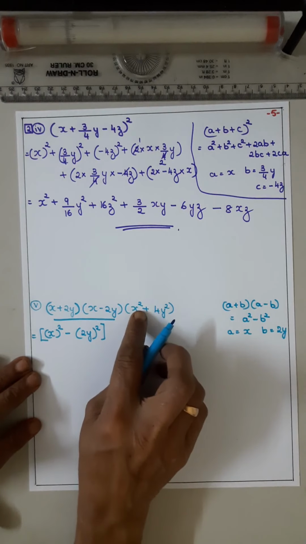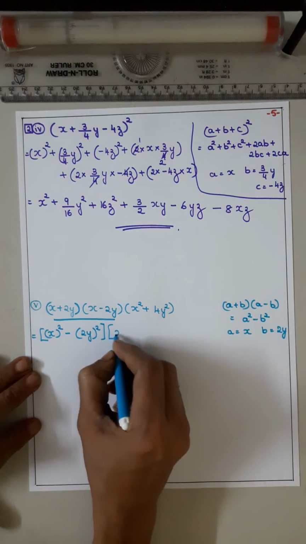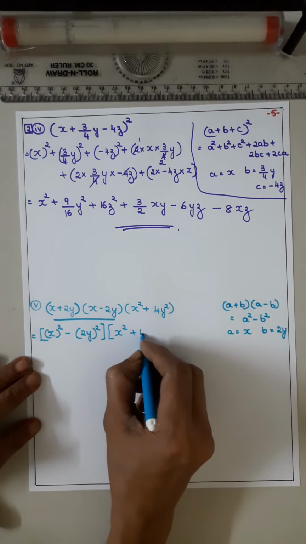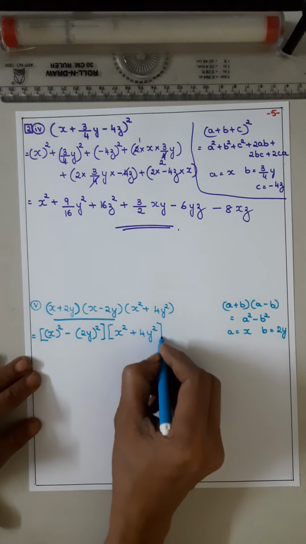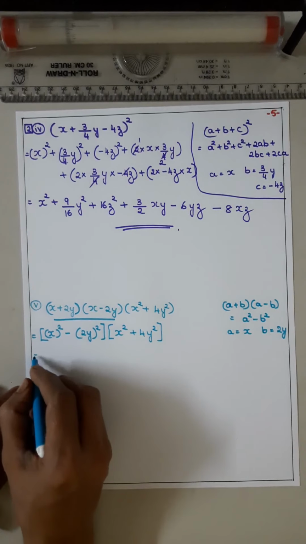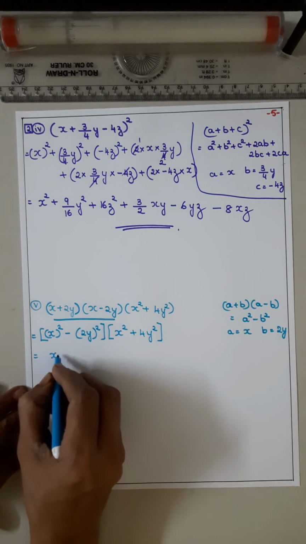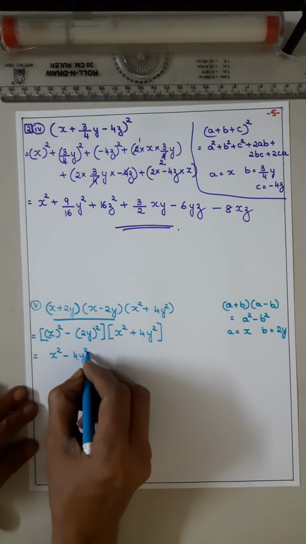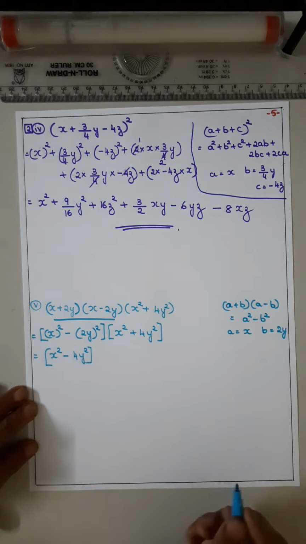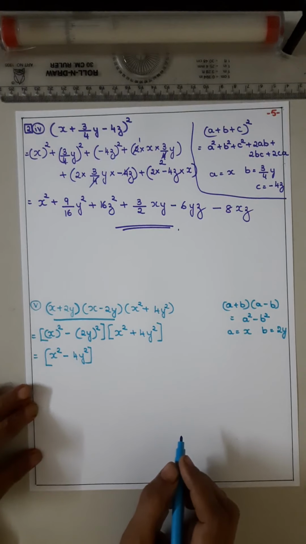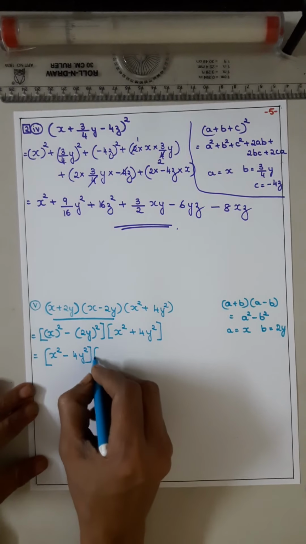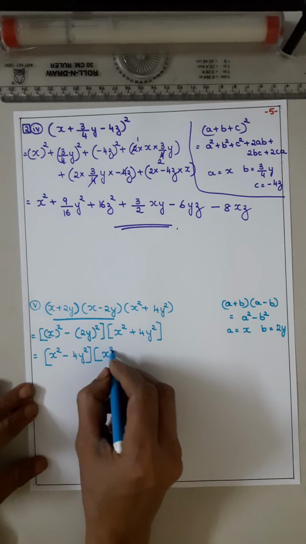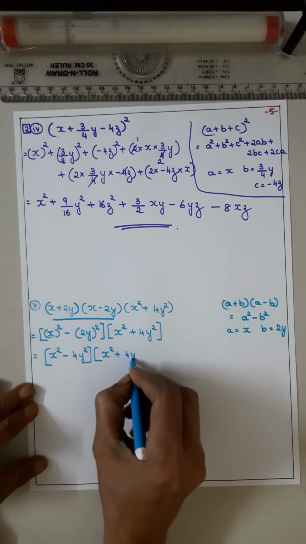Now here write it as it is, x squared plus 4y squared. Now open this, solve this. This becomes x squared minus 2 2s are 4y squared. So you got x squared minus 4y squared, and here you got x squared plus 4y squared.